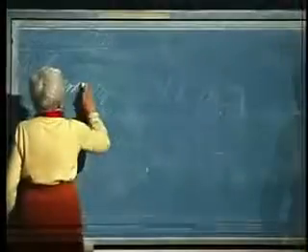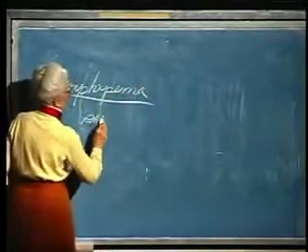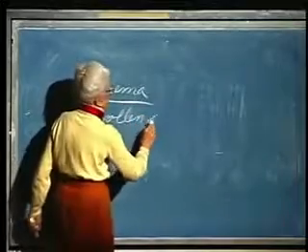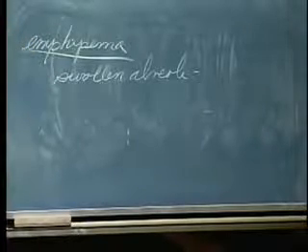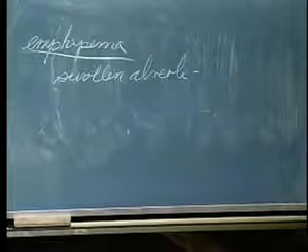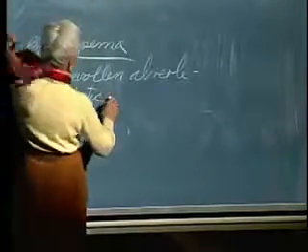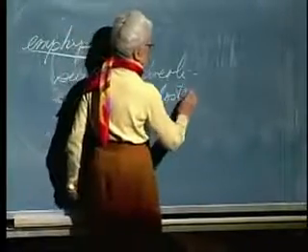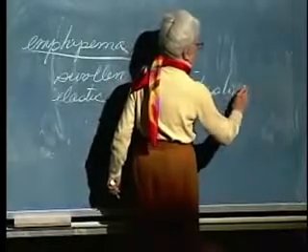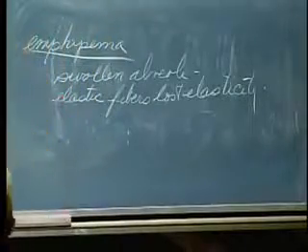Emphysema will be swollen alveoli. And the elastic fibers have lost their elasticity. So how will you recognize somebody who has emphysema, other than the fact they have trouble breathing?